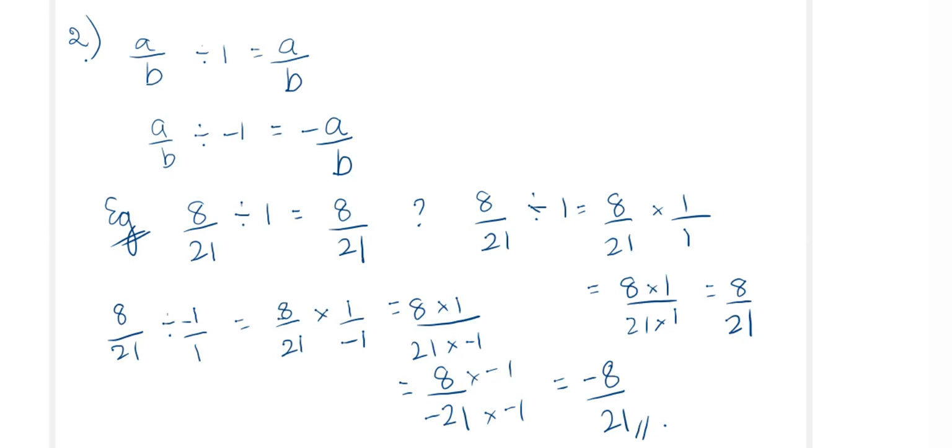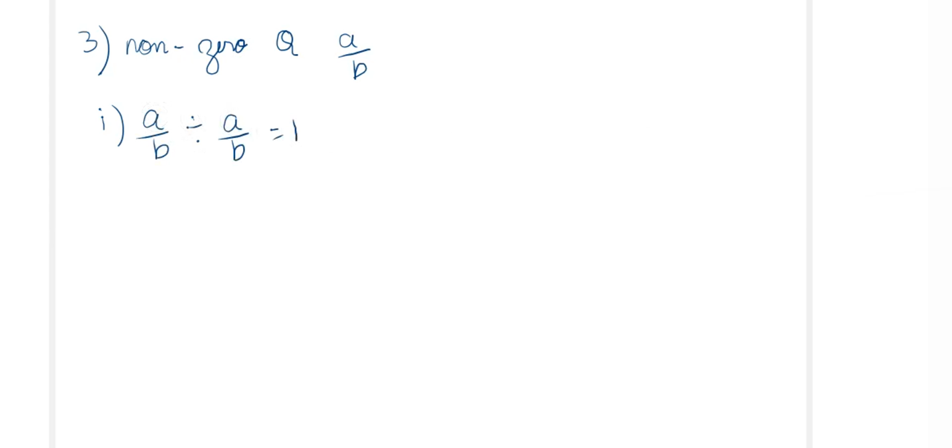Okay, so now we'll move on to the next property. That is going to be our last property under division. So for every non-zero rational number, and this word non-zero is very important, for every non-zero rational number a by b, we have a by b divided by a by b equal to 1, and a by b divided by minus a by b equal to minus 1.